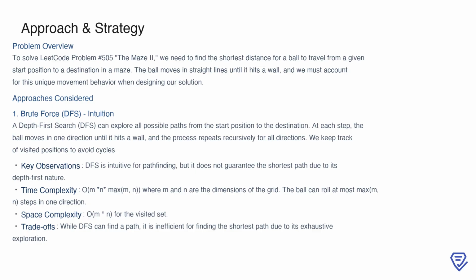As a result, DFS can lead to inefficient exhaustive exploration. The time complexity of this approach is O(m*n*max(m,n)), where m and n are the maze dimensions, and the space complexity is O(m*n) to keep track of visited positions. While useful for finding any path, DFS falls short when the shortest path is required.